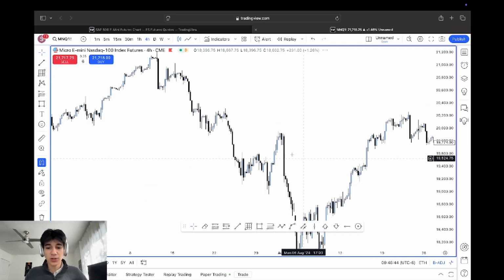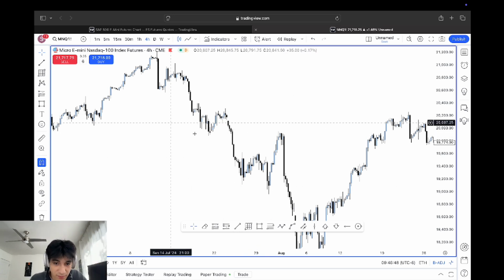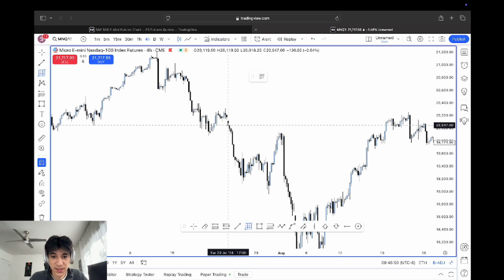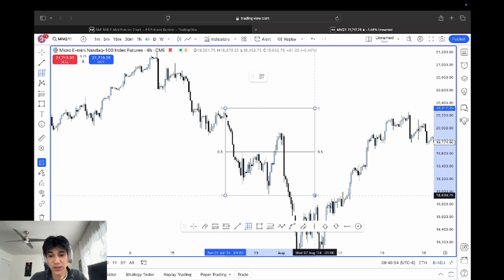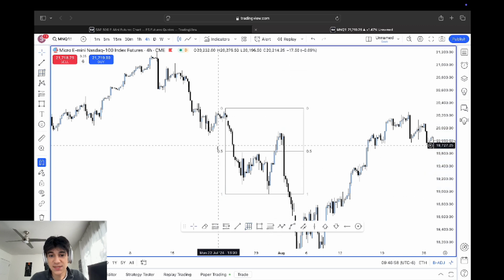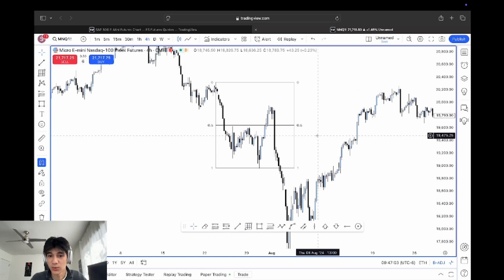All right, still, here is July the 25th. We could see that price again went from swing high to swing low this time. Once price came into this equilibrium zone, we decided to continue lower.